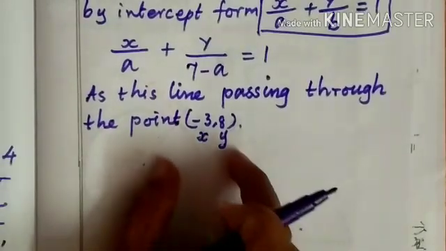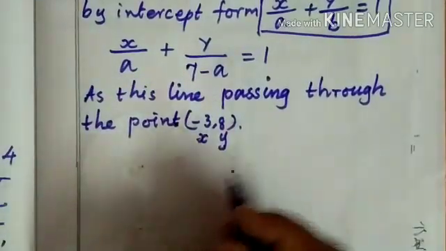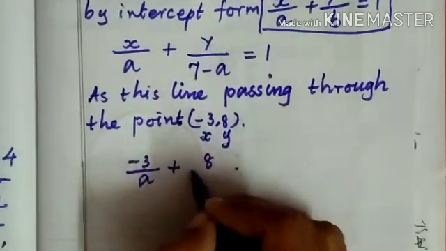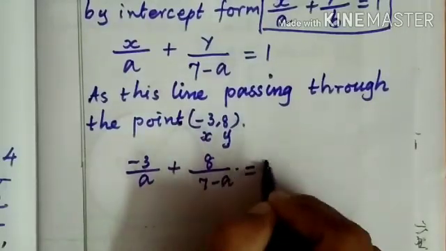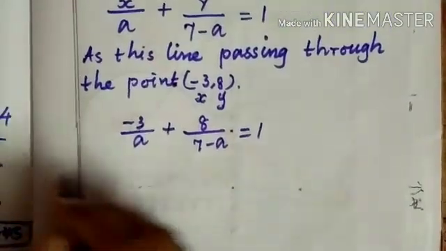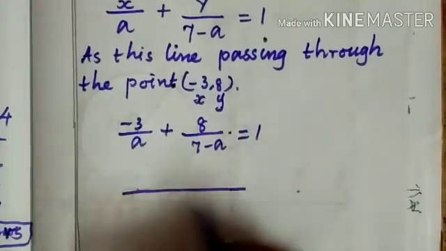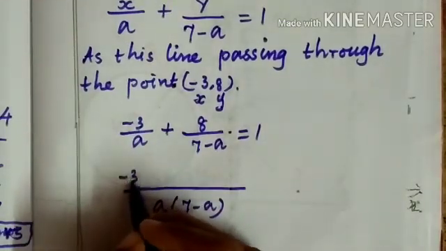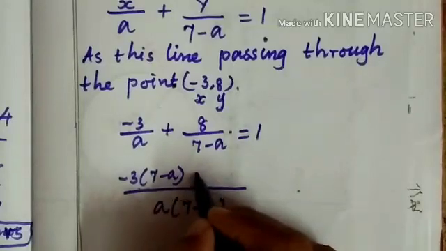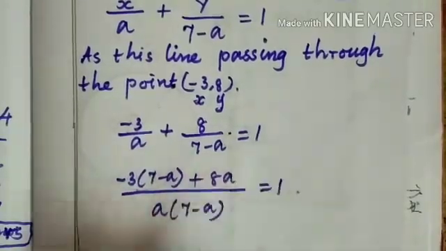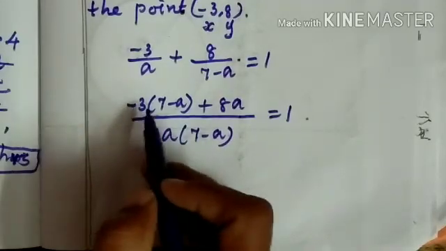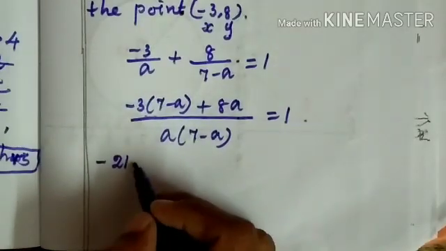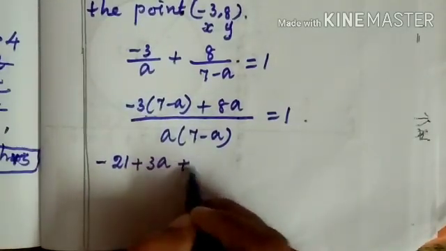Now apply this point in this equation, and we have minus 3 by a plus 8 by 7 minus a is equal to 1. Now you take the LCM: a into 7 minus a, then minus 3 into 7 minus a plus 8a is equal to 1. Now simplify this: minus 3 into 7 is minus 21, minus 3 into minus a is plus 3a, plus 8a.